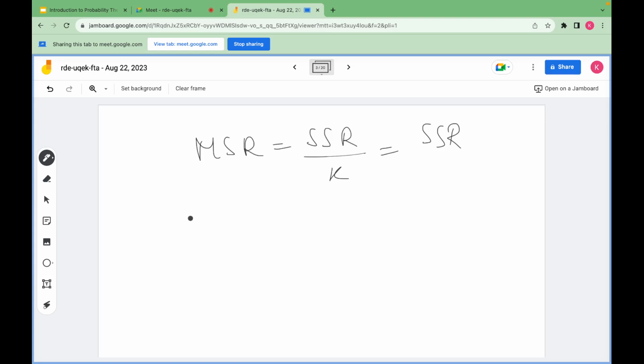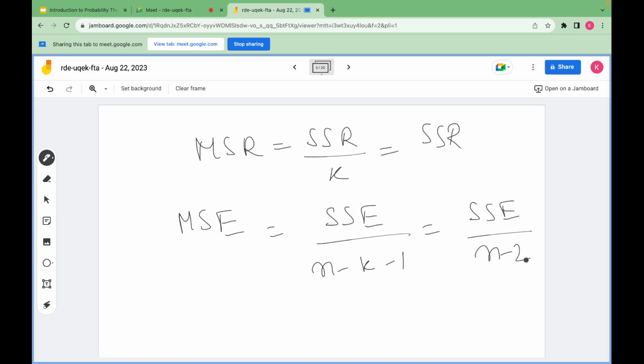Now we will find this mean sum of square error. This will be the sum of square error divided by n minus k minus 1. Whatever the value of n, we will put it. K is 1, so this is n minus 1 minus 1, which is SSE upon n minus 2.